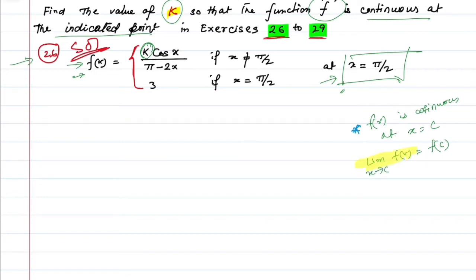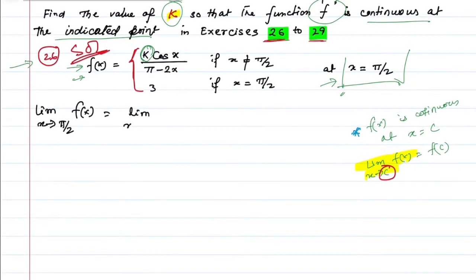Here c is pi by 2. So, limit x tends to pi by 2 f of x; x tending to pi by 2 does not mean that x is equal to pi by 2.